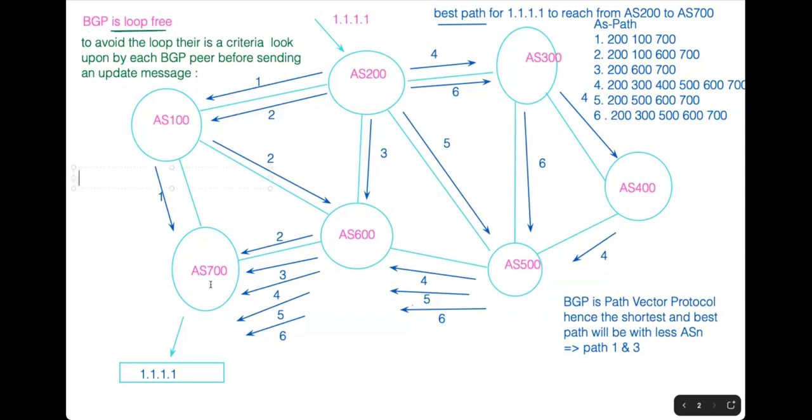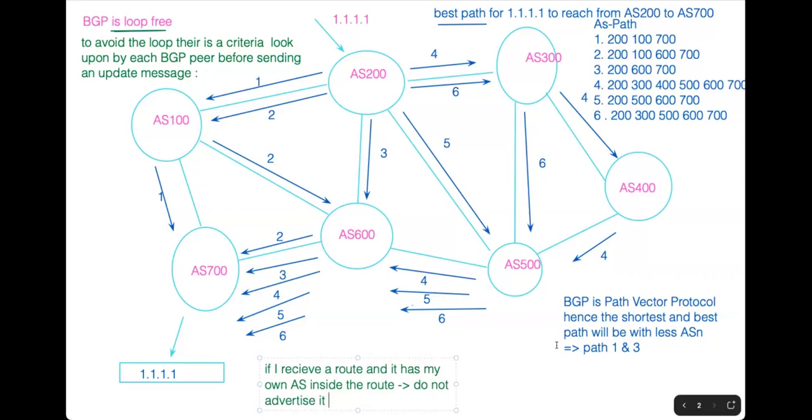If I'm receiving a route and it has my own AS inside the route, do not advertise it.